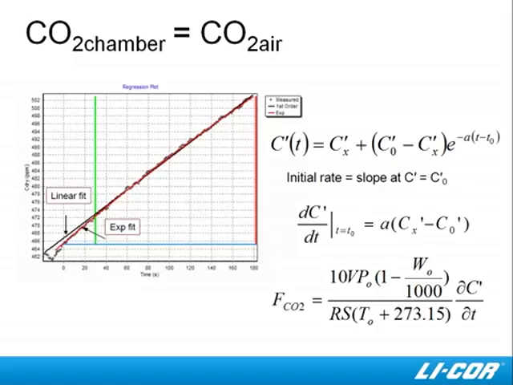Traditionally, when people have done soil CO2 flux measurements using closed systems, they've taken a linear fit to the data to estimate the dC/dt term that I showed you in the equation before. The issue with a linear fit is that you're taking an average flux over the measurement period.